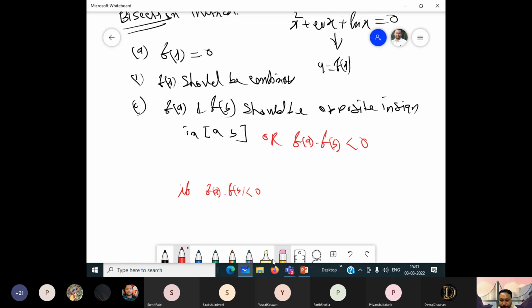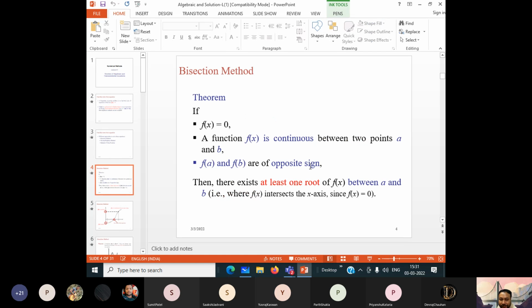Now come up here to my slide. Why do we put that f of x is equal to 0? Obviously, there should be a root. If there is no f of x equal to 0, there is no meaning in solving this. The function is continuous in between a and b. I am not looking at the interior locations; I am looking at the interval a and b. It may not be continuous after that.